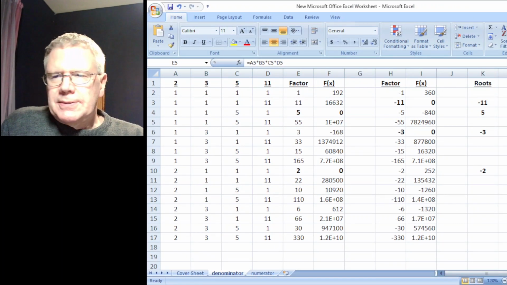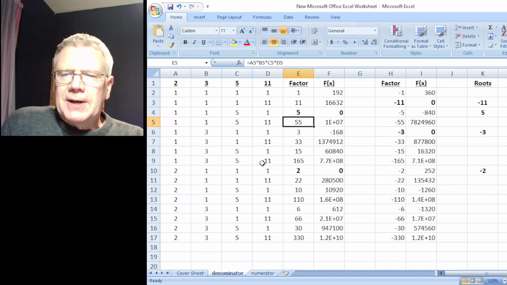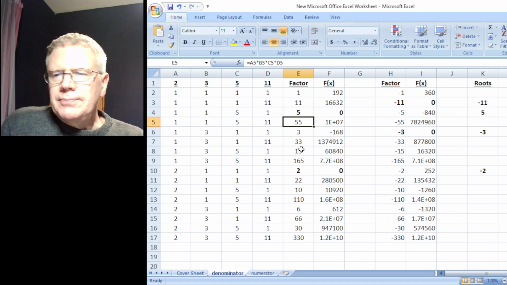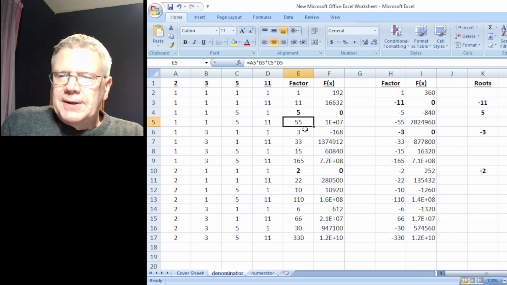So I'm just using the spreadsheet here, and here's my 2, 3, 5, 11, and I'm taking every combination of those prime factors to find every possible factor. So remember that the rational roots theorem tells us that the roots, if they're rational, need to be a factor of the trailing constant.